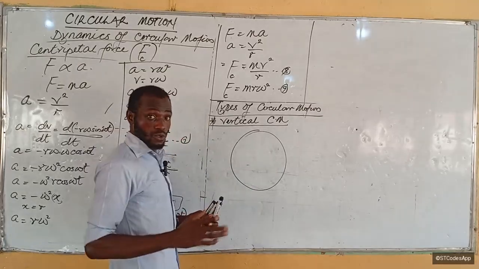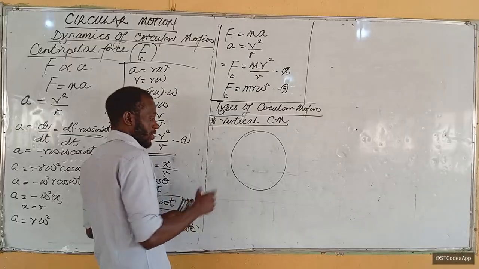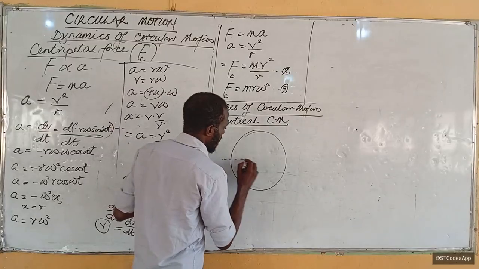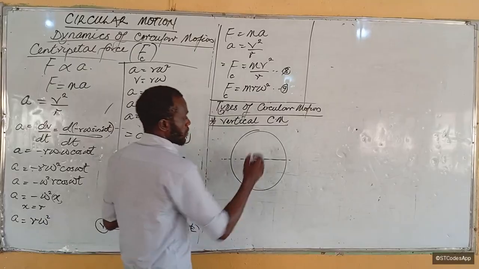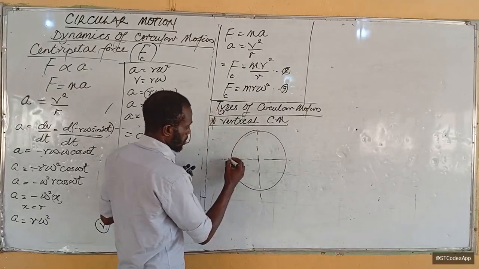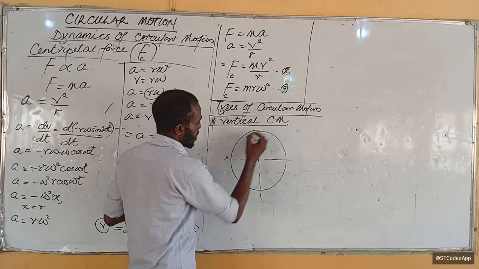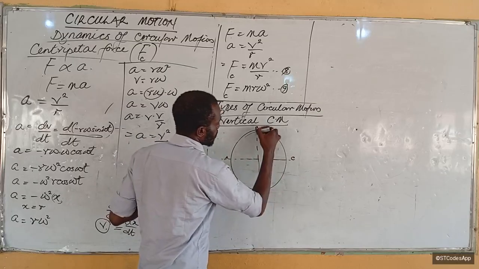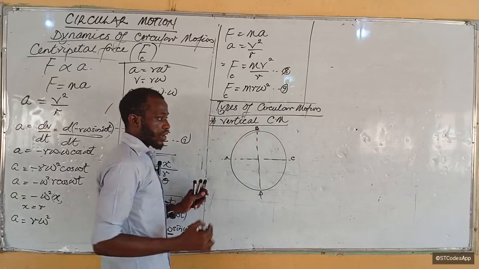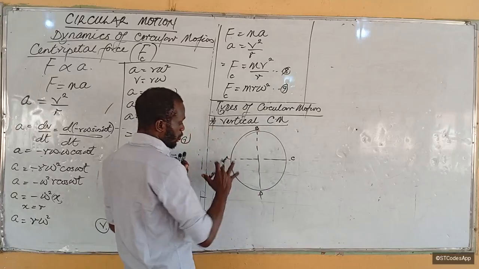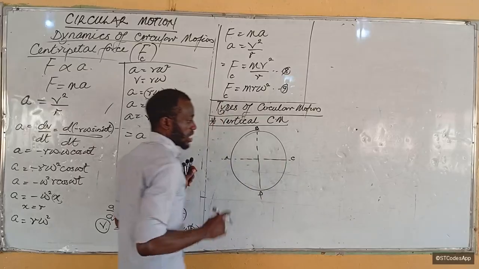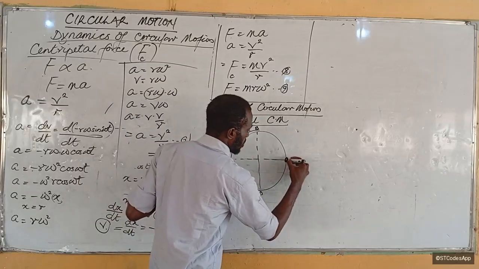Every other position is not as easy, that's why we'll just analyze the horizontal position and vertical position. So let's go in this order: A, B, C, and D. Now the easiest ones are position A and position C. At this position C, let's say our body is here.